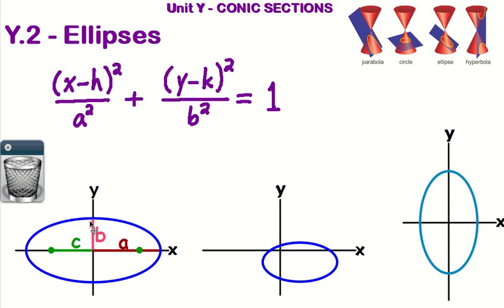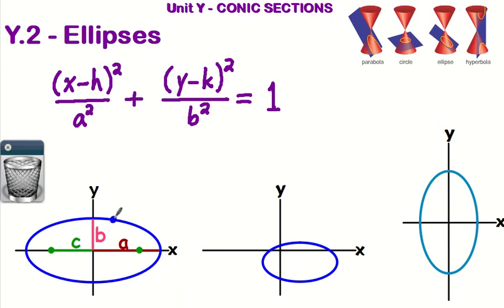Let me make sure I say this correctly, so let me go slow here. It's a collection of points that are all equidistant, or... this is tough. The sum, let's see. If you take every point on this ellipse and take the distance from, let's say, this random point right here, okay?